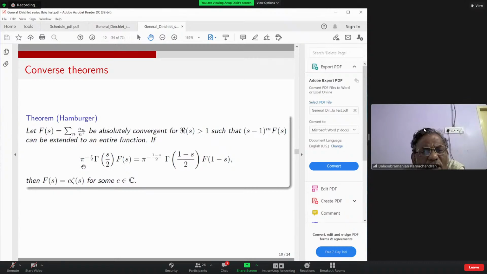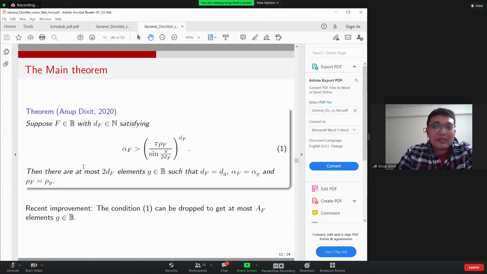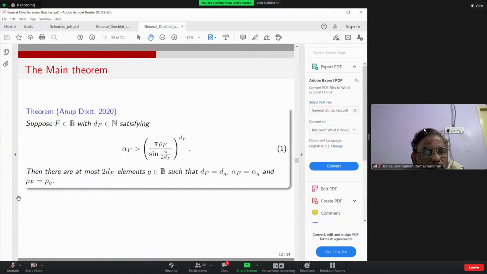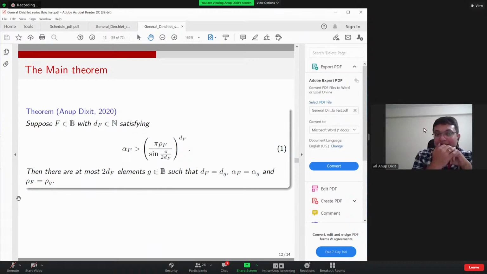But the constants are allowed because you are only claiming F(s) equals a constant times theta(s). No, this is Hamburger's theorem. Sorry. In my theorem, they're exactly the same. But then again, if you multiply by a constant, the residues will no longer be the same. I think the residue will take care of that condition. When you add things, the residues will differ.